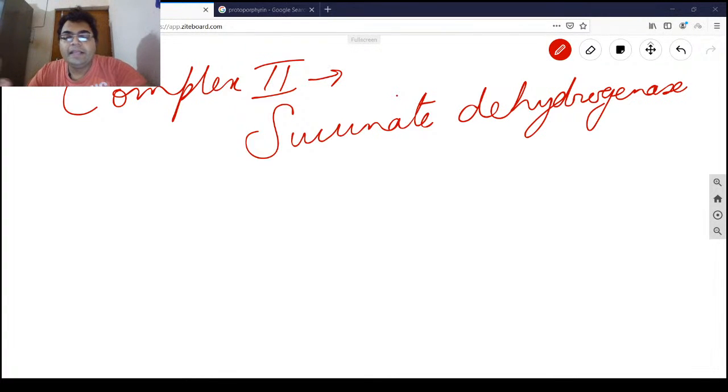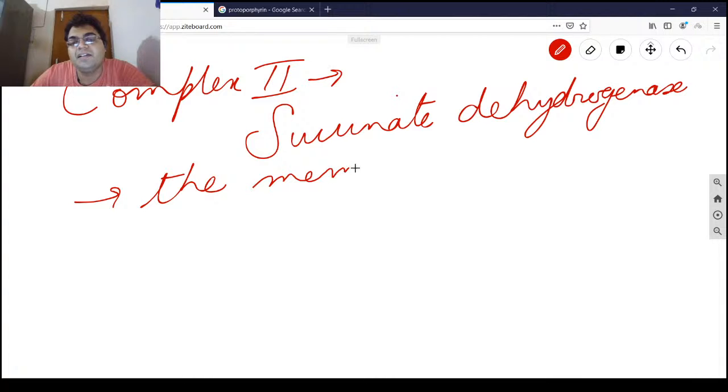Now this is the only membrane bound enzyme which also takes part in the citric acid cycle, if you remember. From succinyl CoA to succinate, that is the succinate dehydrogenase. So this is the only membrane bound enzyme that also takes part. Very very important.